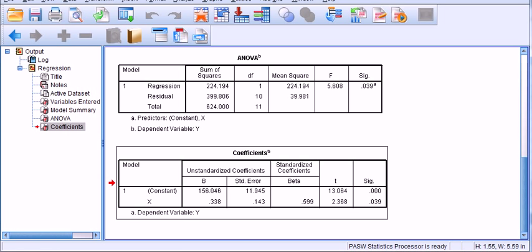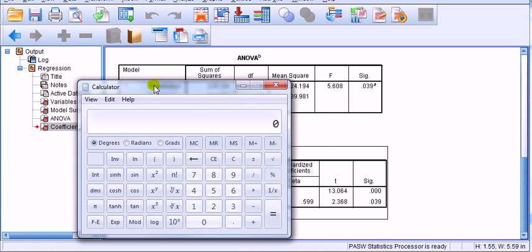Moreover, let's get out my calculator. Look what happens if I take the T for the slope parameter, 2.368, and I square it. I get 5.60. Look at that. It's the same. In other words, the relationship between T and F is quite clear: T squared is equal to F. They're telling us the same thing, they're doing the same thing.